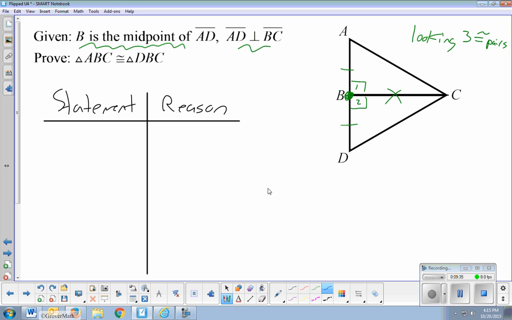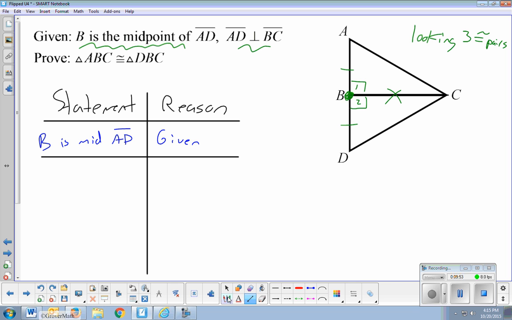So let me put this down here. B is the midpoint of AD. And this was given information, that's why I'm allowed to say it. Anything up here, you put given in the reason column. All right. And then what we got from that was that AB is congruent to BD.